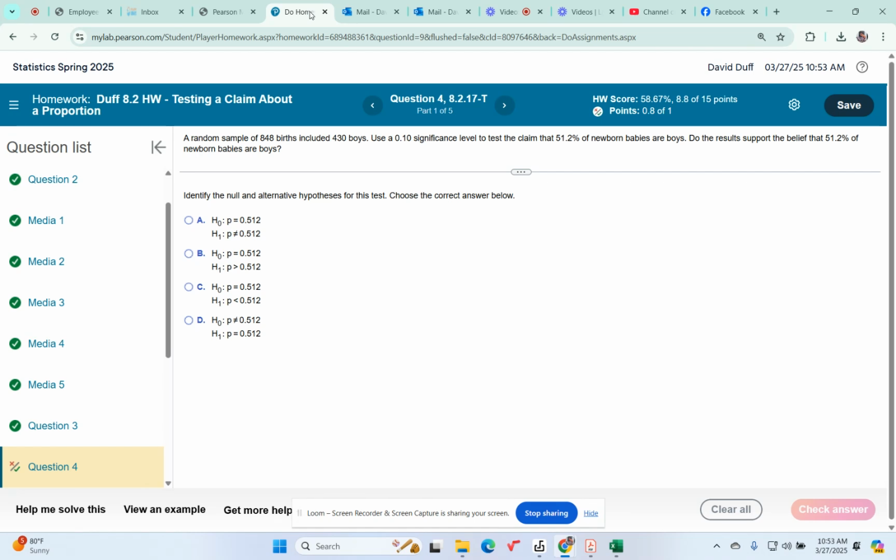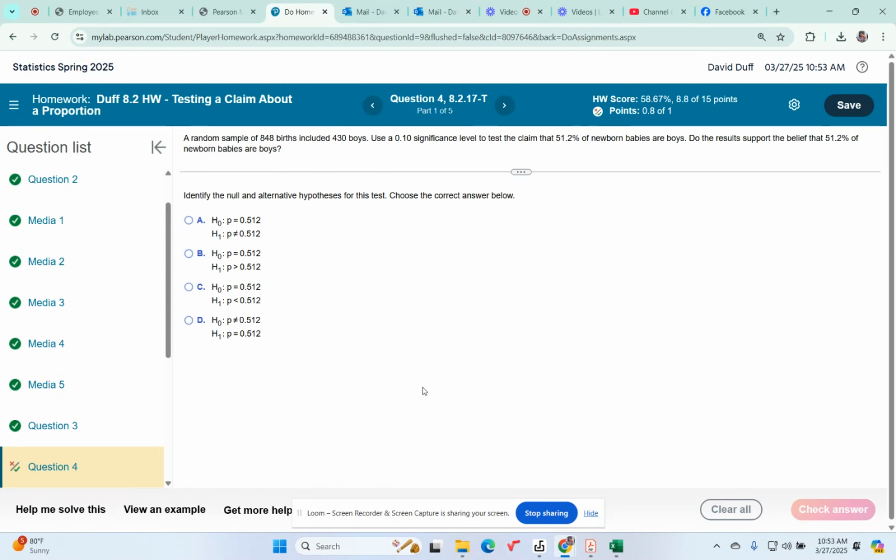So we're going to say the null hypothesis is that the population proportion is equal to 51.2% written as a decimal is 0.512. And then the alternate hypothesis is that it isn't, right? It isn't.